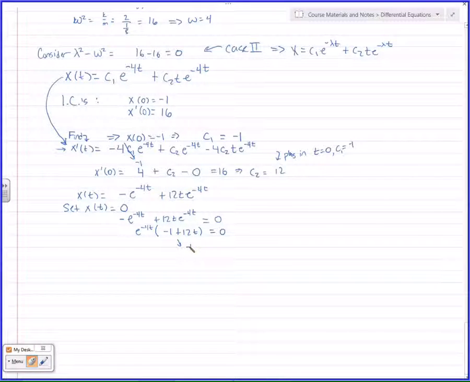So it's when negative 1 plus 12t is equal to 0, where t is 1/12 of a second. It looked a lot more intimidating than that. You just got to remember where to put all the numbers, and it really is very simple.